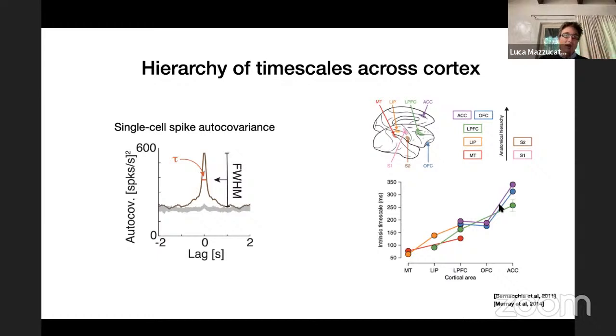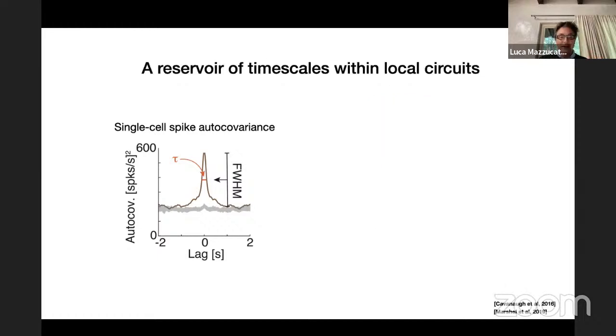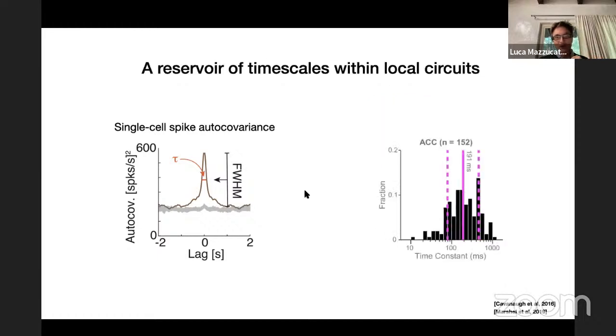within different areas. What's even more striking is that if you focus on one single area, for example, the anterior cingulate cortex, and this is work from Johnny Wally's lab, what they found is that different neurons within the same circuit have very, very different timescales, again measured from their autocorrelation during spontaneous activity, that vary from, let's say, 10 milliseconds all the way to 1 second, which is the longest timescale they were able to measure, to estimate in their data set.